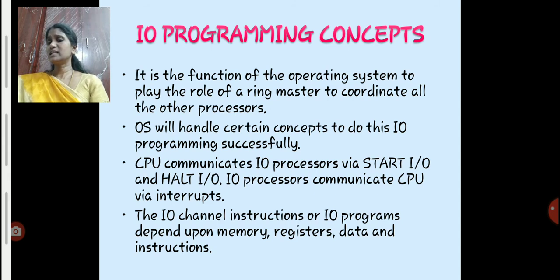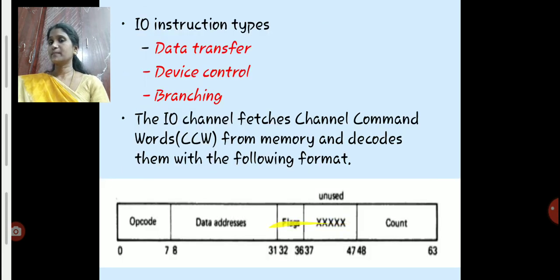The IO channel instructions or IO programs depend upon the memory of the computer, the registers that it has, the data, the amount of data that is being transferred, and the types of instructions being used. So the IO channel instructions or IO programs depend upon all these things. Right.